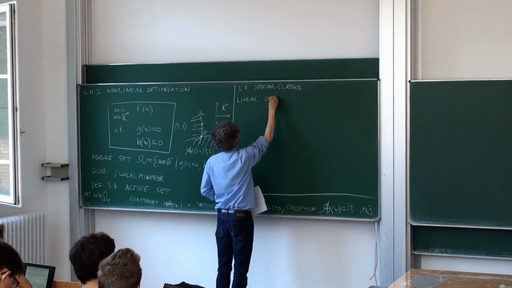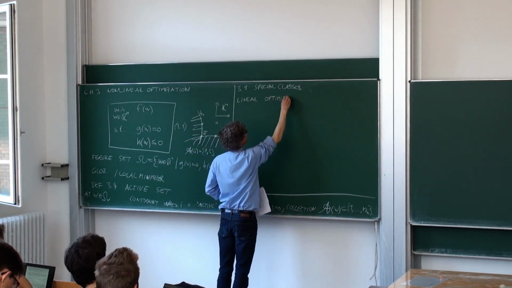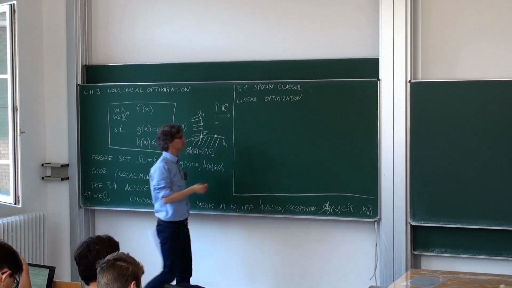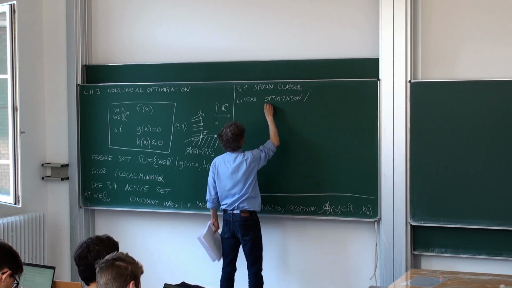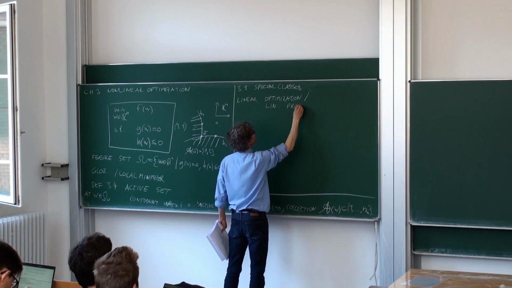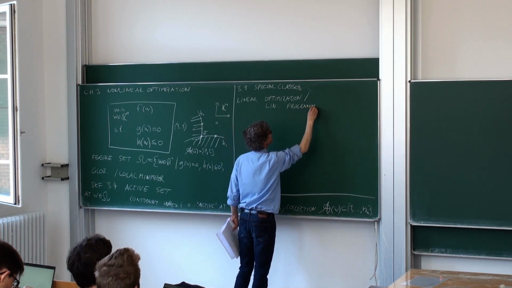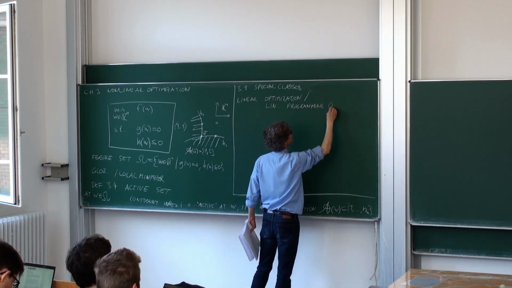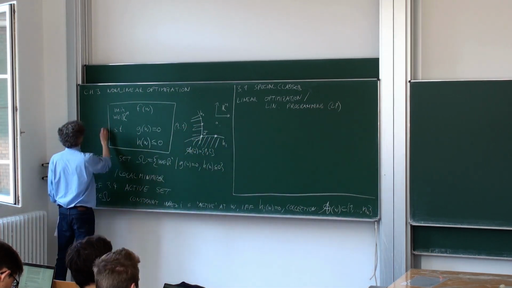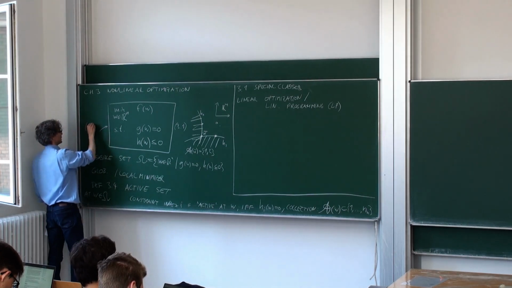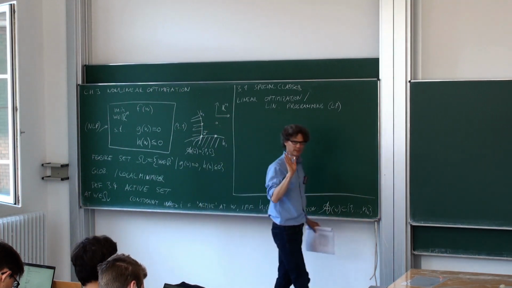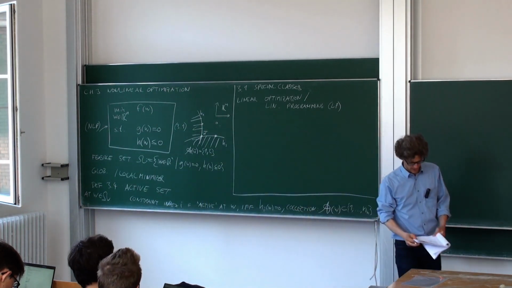Maybe I should say that I call it linear optimization here because it's a linear optimization problem. Historically, it's called linear programming, and that's the case for many of the classes. So the software and the solvers and the field is very often abbreviated LP. And this problem here, we will very often abbreviate as NLP for nonlinear programming. So programming is just a historical word for optimization.